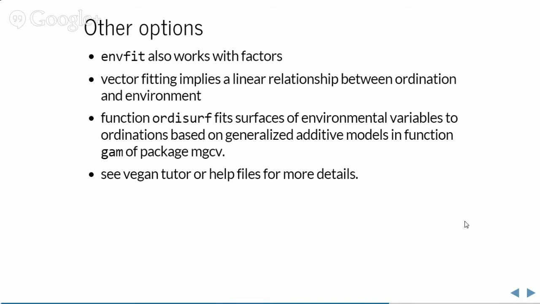This isn't something that I've used a lot. It works maybe with one or two variables at a time. It's going to be drawing these surfaces across your ordination, so too many gets really complex. But if you definitely have some nonlinear relationships in a handful of variables, it might be a good way to look at that.